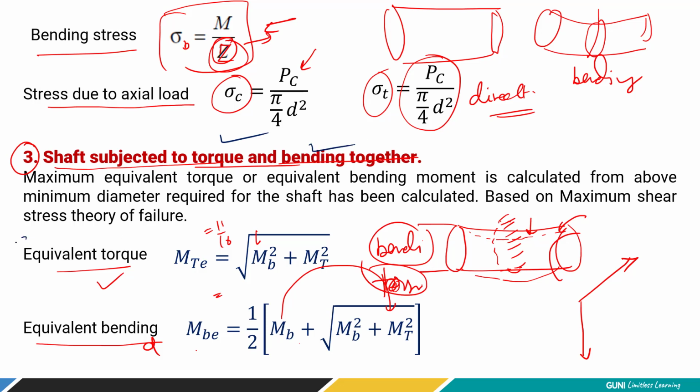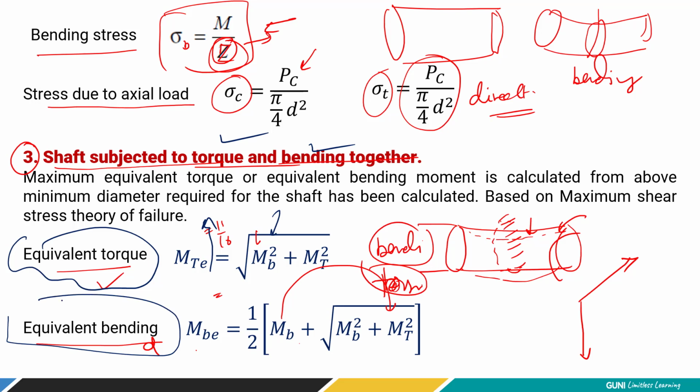So we need to find the equivalent torque. Equivalent torque means how much torque is increased because of the presence of bending moment. Similarly, we have to find the equivalent bending moment, that means how much bending is increased due to the presence of torque, right?